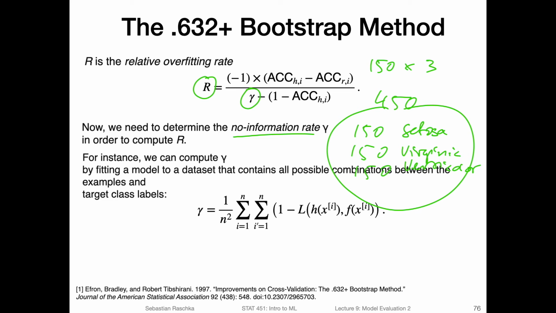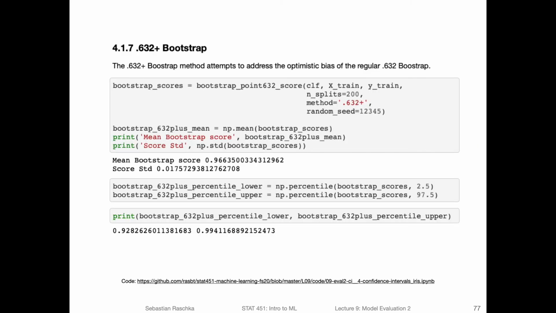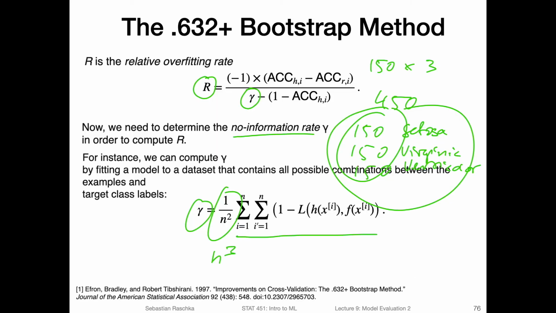And that's how we compute this gamma here. So we go over all the possible combinations here. This is for a binary classification problem, which is why I have the 1 over n squared here. For our case above, this would of course be n cubed. Okay, so this looks all very complicated.